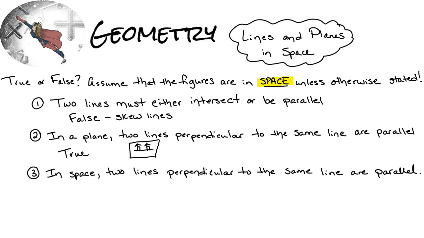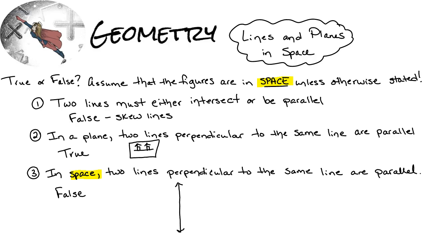Now number three is almost identical, but it says in space, two lines perpendicular to the same line are parallel. We do have to say false to that, and I'll show you why. Okay, let's say we have the same line hanging out here in space.